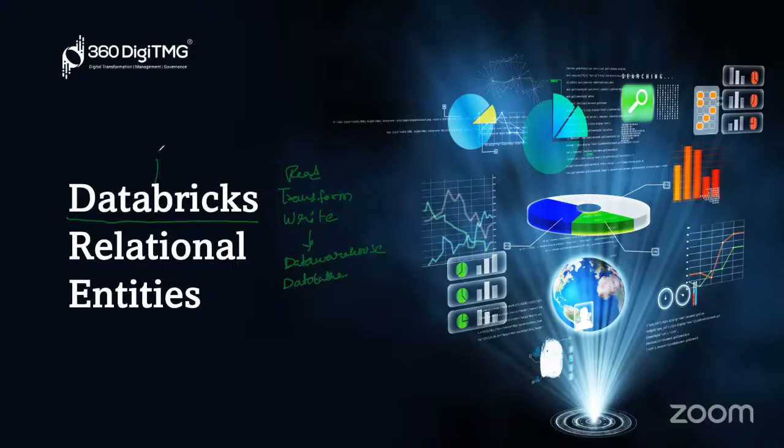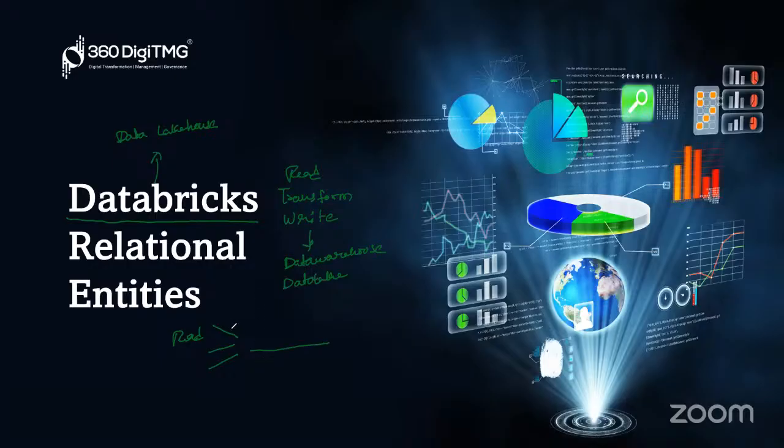And Databricks is based upon a concept called Delta Lake. Actually, it can be referred to as a data lakehouse. You can read data from different entities into the Databricks platform.